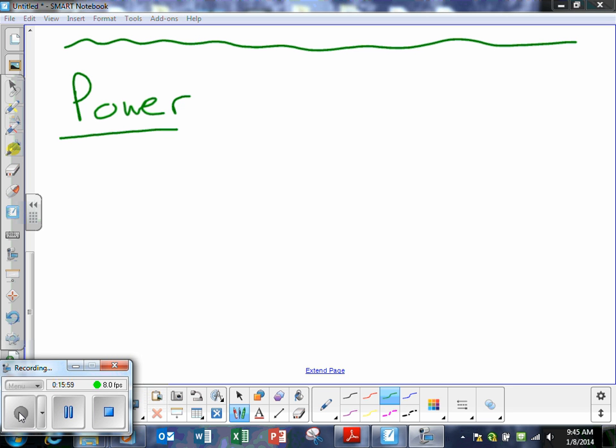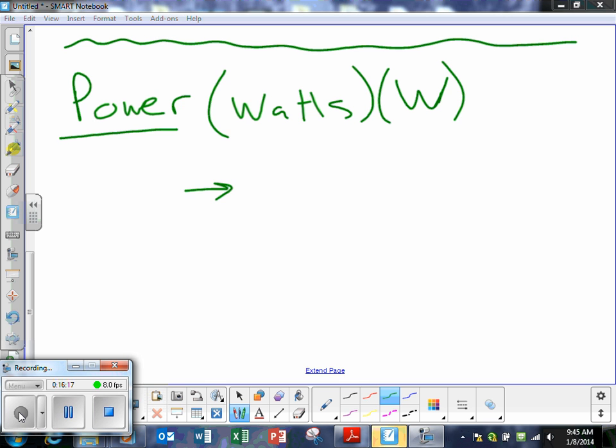Okay, so power is measured in watts, which is a big W, which is confusing because work is a big W too. One's a label though for the units. This watt is a unit label. And the definition of power is work per time.